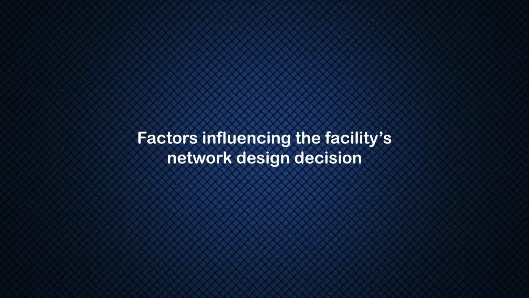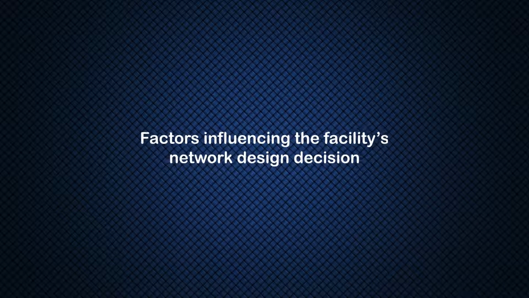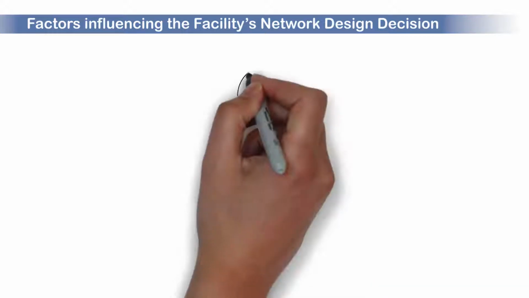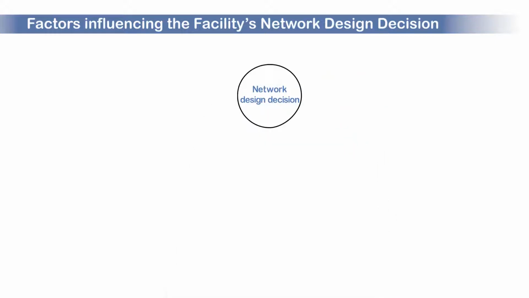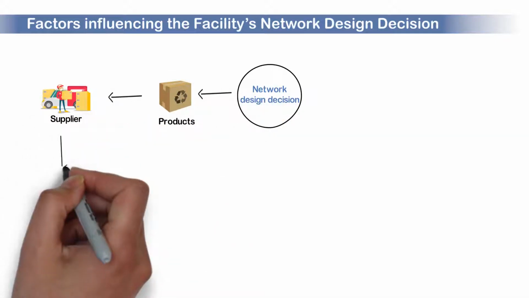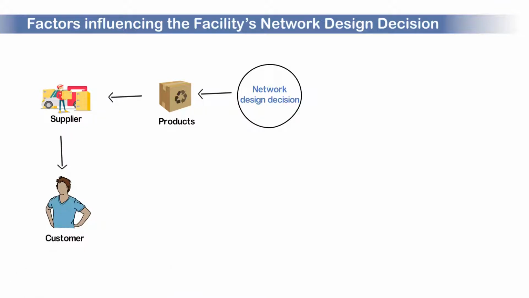Let us now look into the factors which influence the facility network design decision. Network design decision plays a significant role in determining the distribution network for moving products from the supplier point to the customer point in the supply chain.